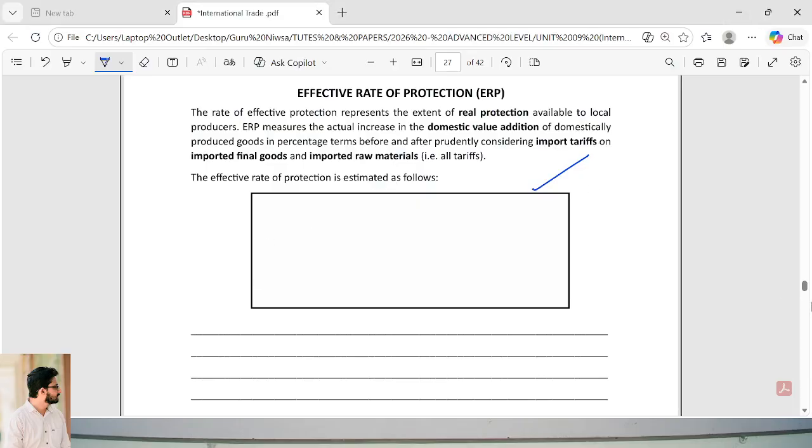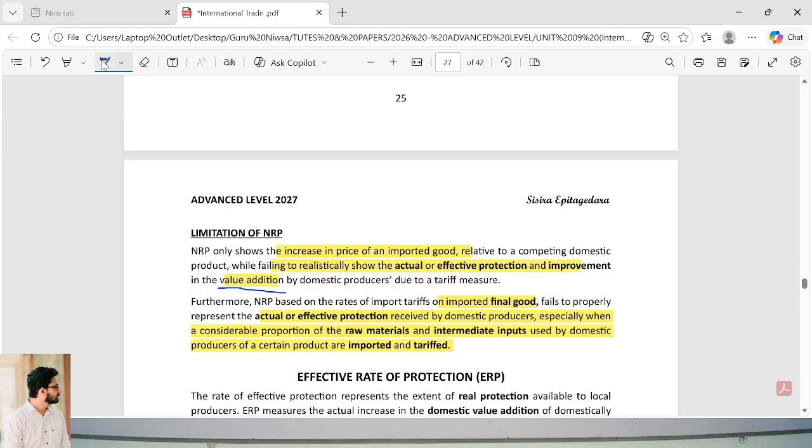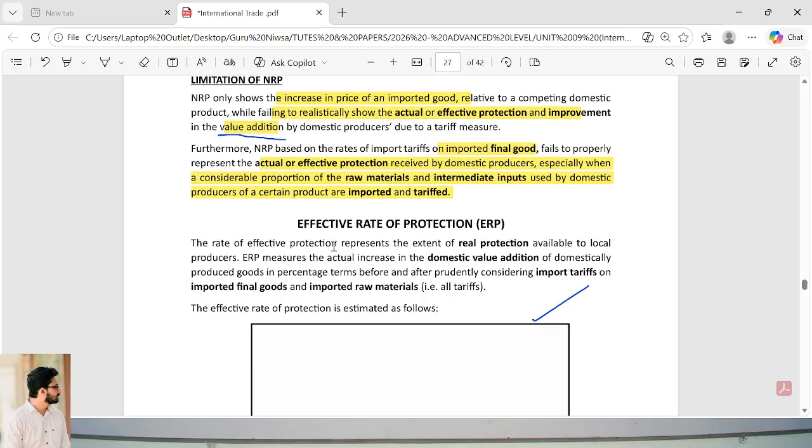Effective rate of protection. The rate of effective protection represents the extent of real protection available to local producers, because we have considered both the tariff imposed on imported goods and also the tariff rate on imported raw material.